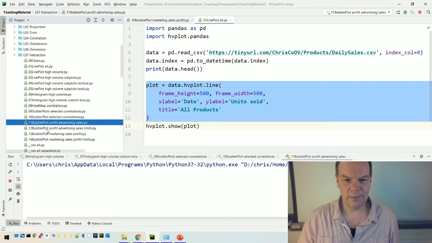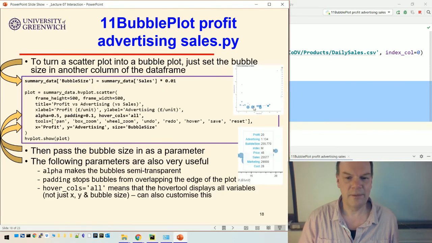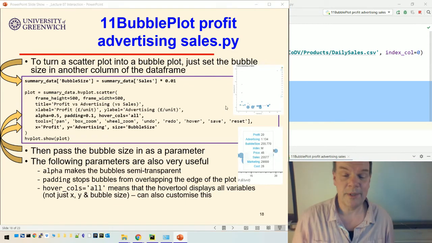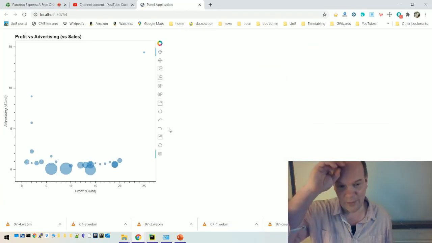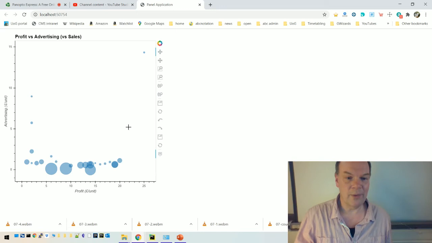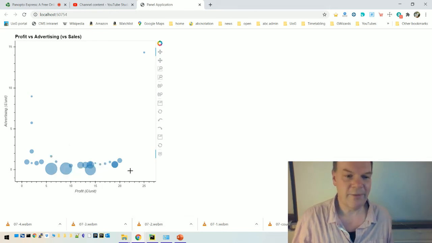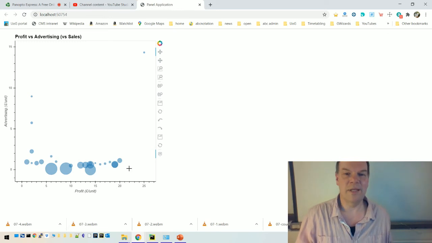in an actual interactive example. Each of these bubbles represents a product, and we're viewing the profit on the bottom, the advertising on the y-axis, and the sales as the bubble size. But that doesn't tell me about the other features.